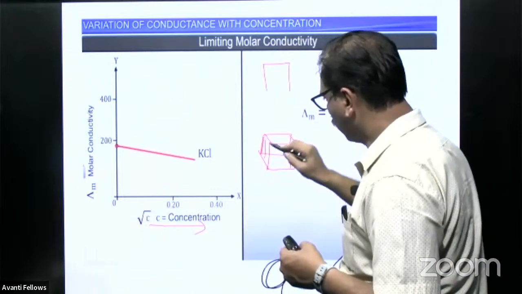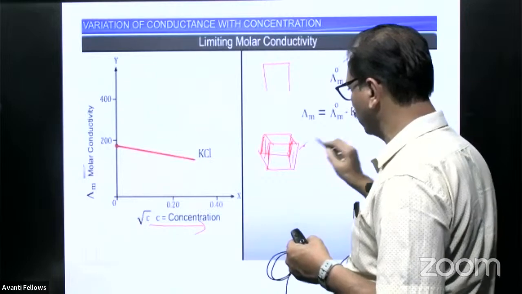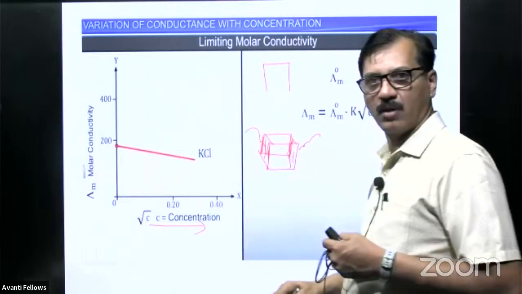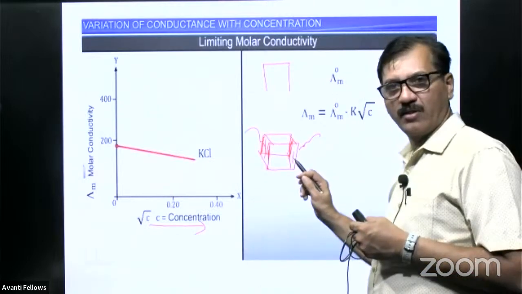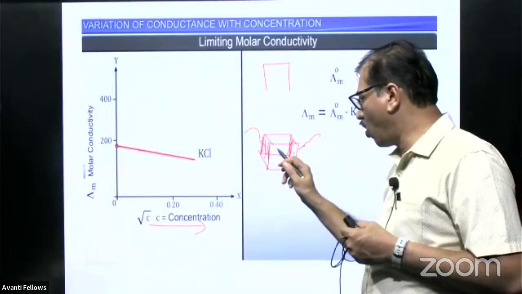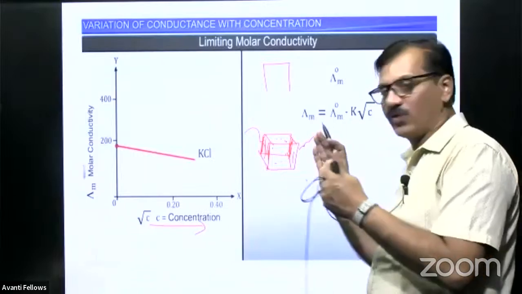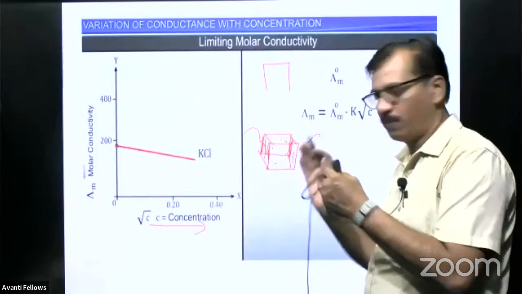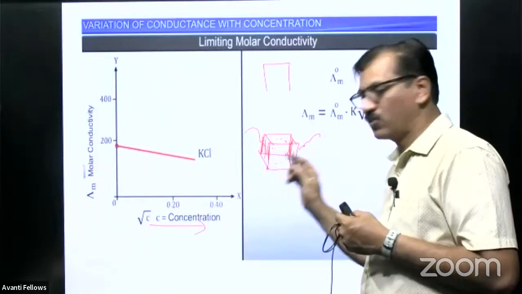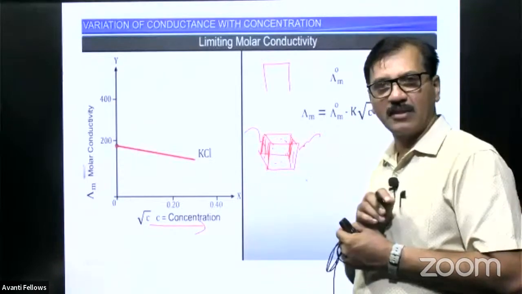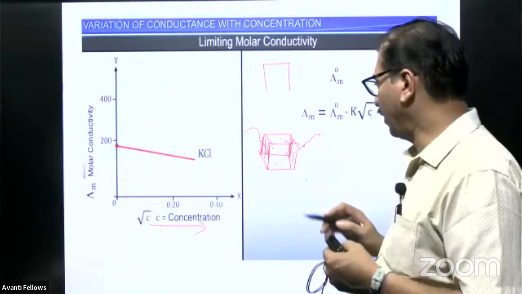Say this is an electrode and this is another electrode. Conductivity is conductance due to all ions kept between the electrodes which are 1 centimeter apart, and the area of cross section is 1 centimeter square. That is the definition of conductivity.